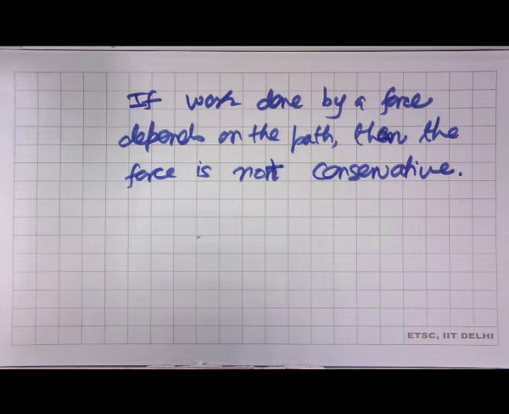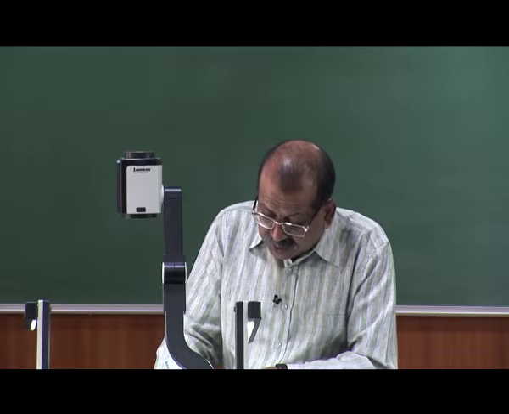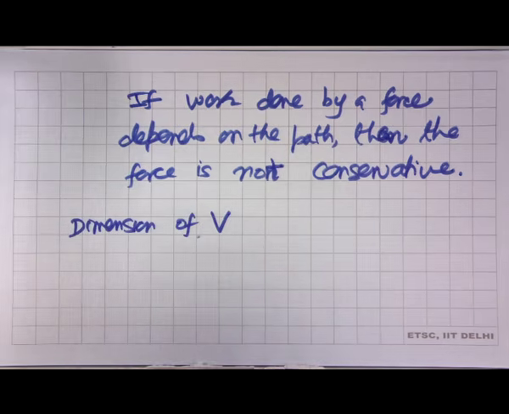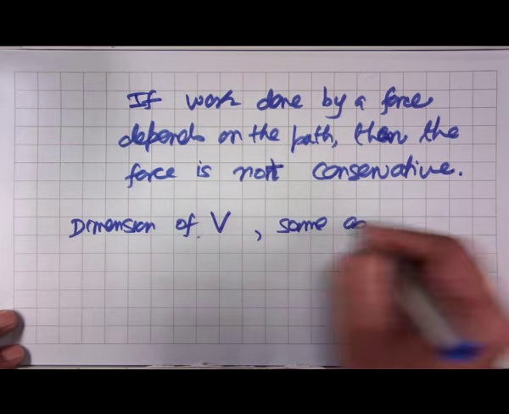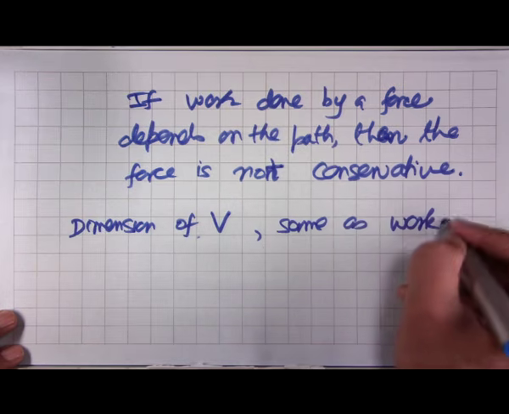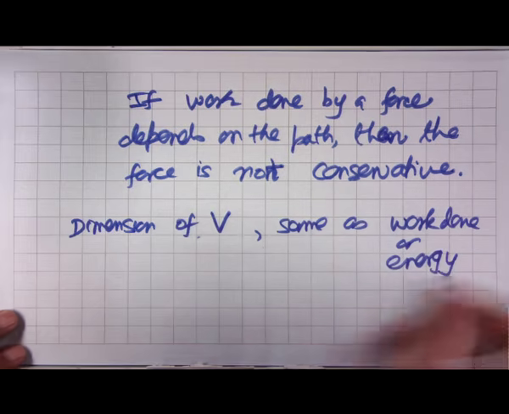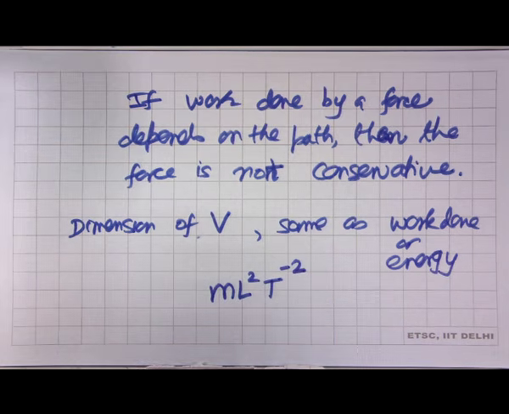So, it has to be path independent. Secondly, if we look at the dimension of potential energy, dimension of V, this is the same as that of work done or energy, which is m times L^2 t^(-2).